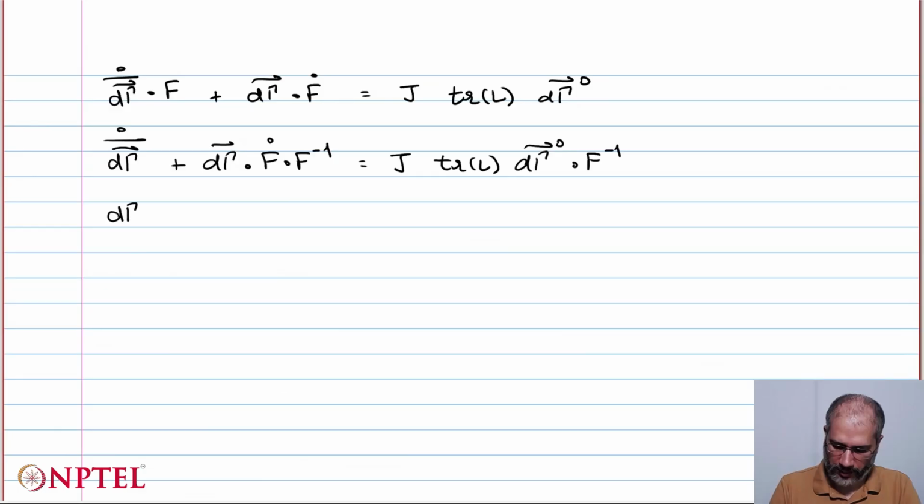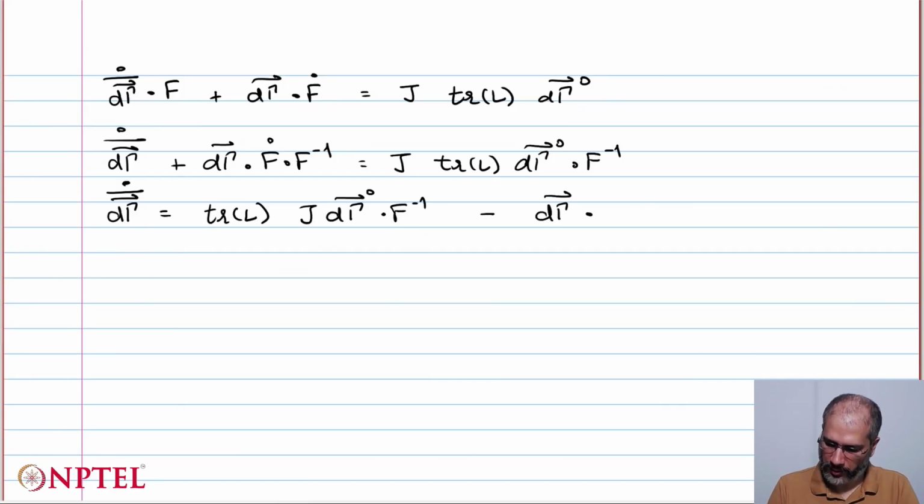So I can write d gamma dot as the trace of L times J d gamma naught times F inverse minus d gamma dotted, and now we have an F dot F inverse.